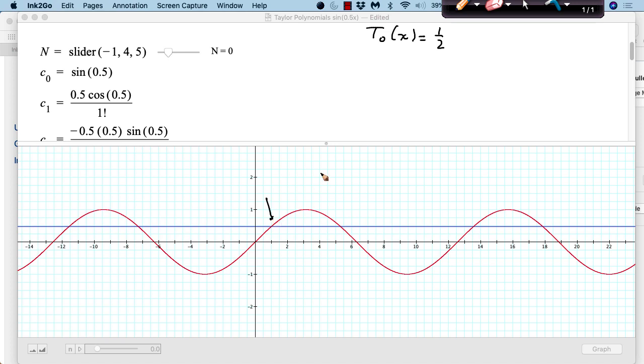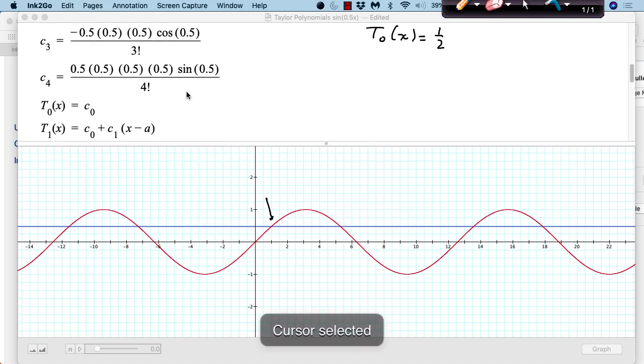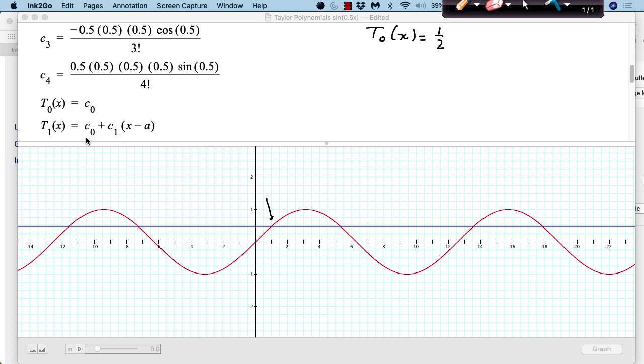So now what about T1? The next polynomial, C0 plus C1 times x minus a. What does that get right? That's the first degree polynomial. It gets the function value right, but it also gets one other thing right.